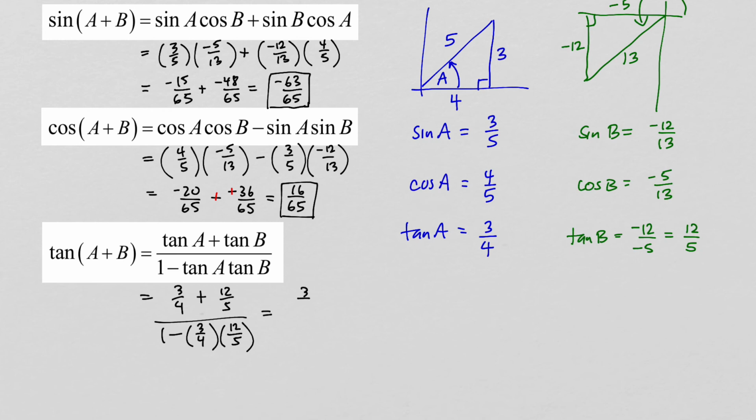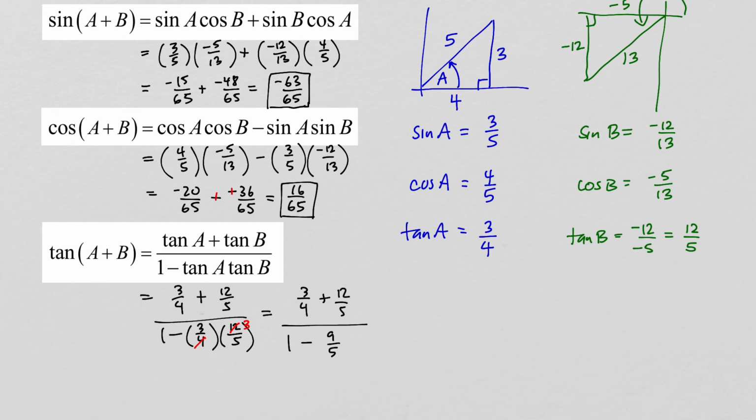We have 3/4 plus 12/5. In the denominator, I have 1 minus, and I'm going to go ahead and cancel here. So 4 goes into 12 3 times. So what I have left over there is 3 times 3 is 9 over 5.